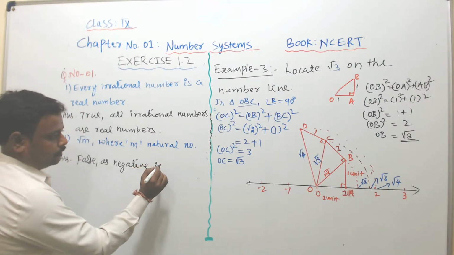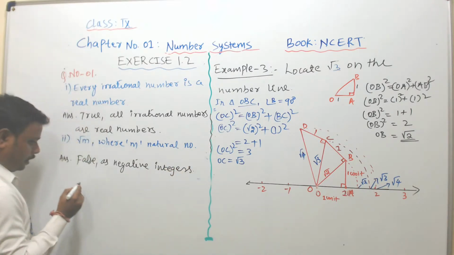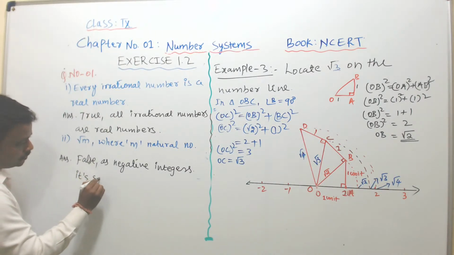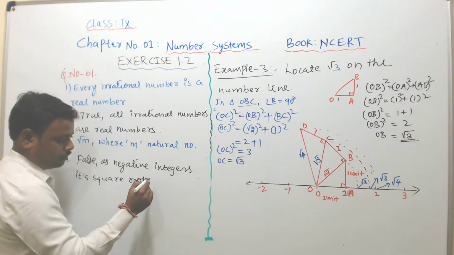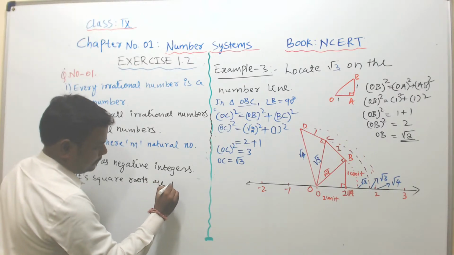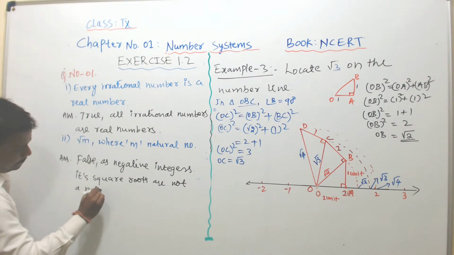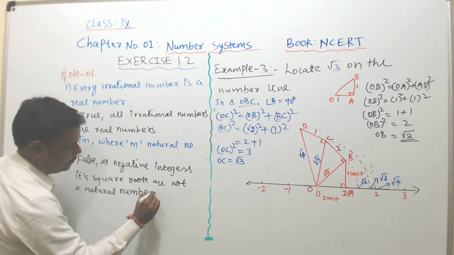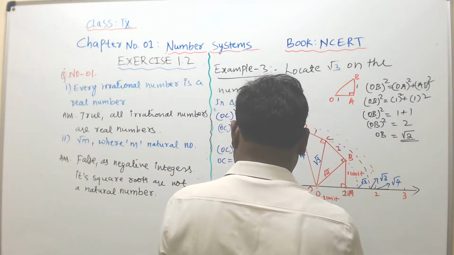As negative integers, their square roots are not natural numbers. Okay, I will remove that part. Listen here.